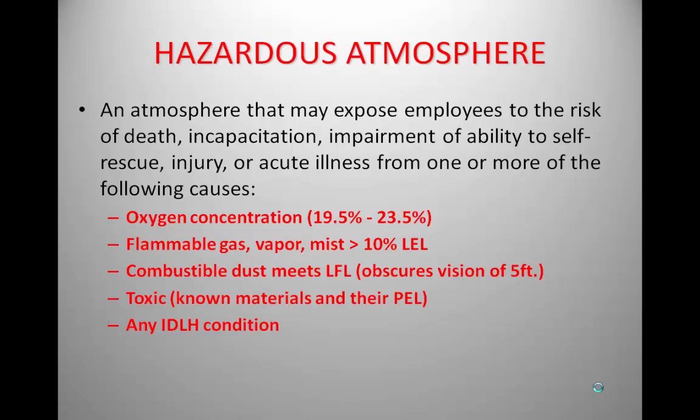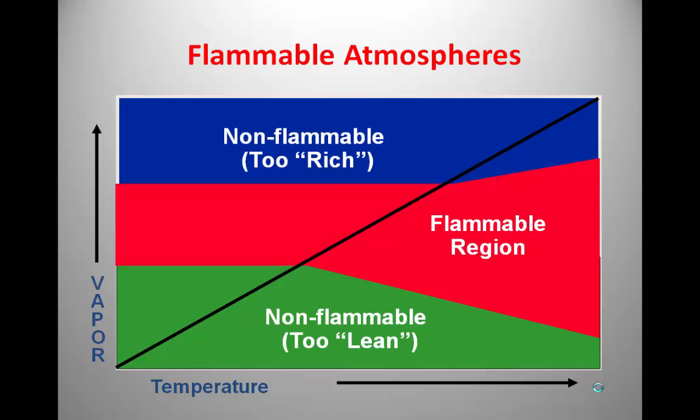Toxicity, known materials in their PEL, and IDLH, or immediate danger to life and health condition. Flammable atmospheres, just an illustration here, you can have too rich or too lean to burn. The problem we have with this is ventilation concepts. If we have an atmosphere that's too rich, we have to do ventilation to get rid of that toxicity process.